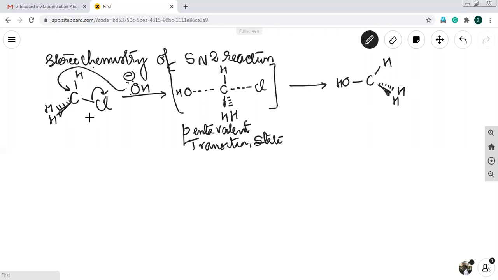And yesterday we saw that if you take an optically active compound, I take this compound with the H here, C2H5 here, and a chlorine, and then react this with OH minus, I will get this product.